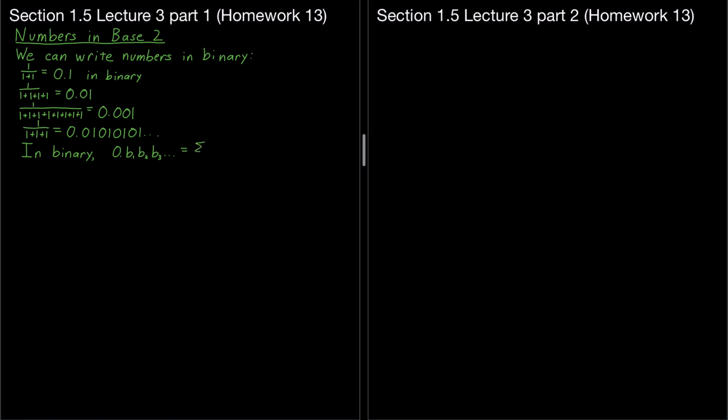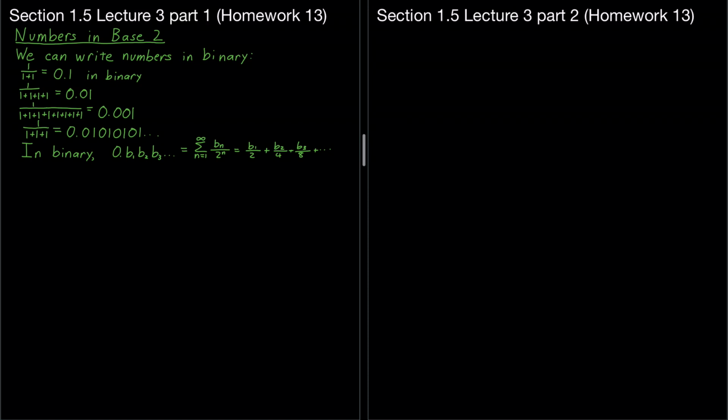That's the sum. So your sum of Bn over 2 to the n, that's B1 halves and B2 quarters and B3 eighths and so on and so forth.